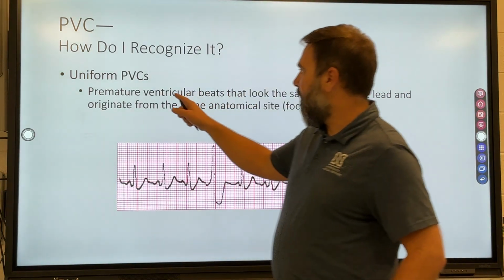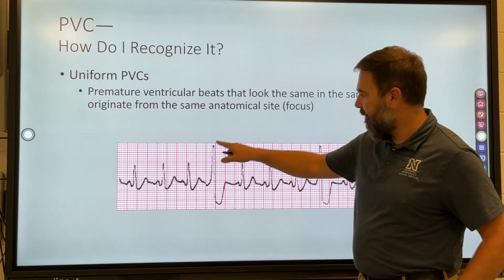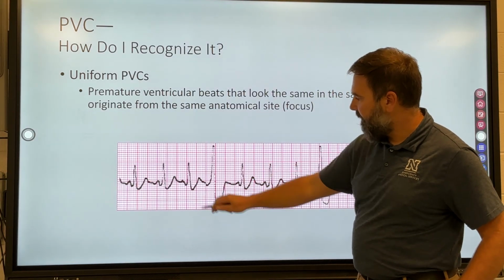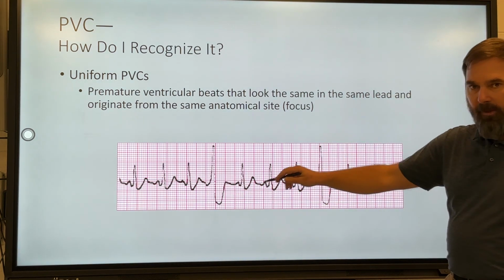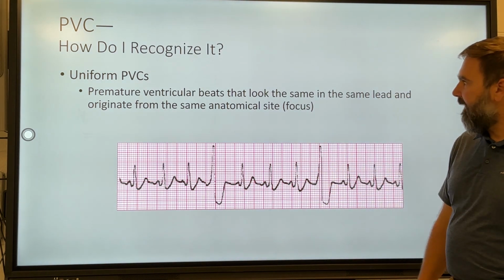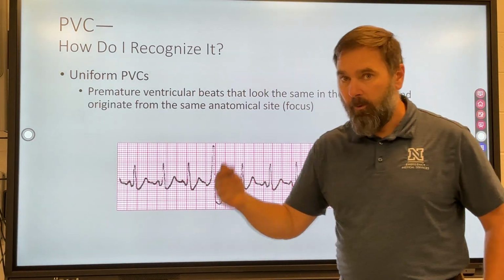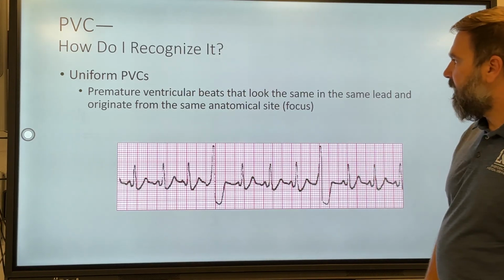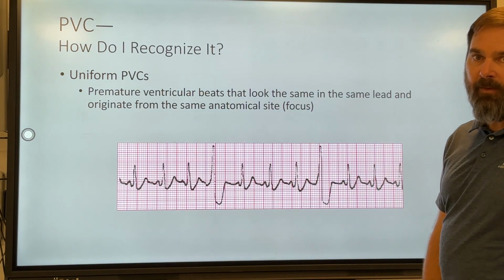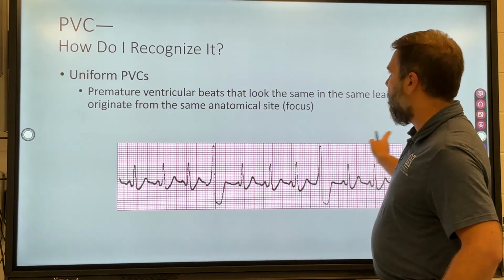I mentioned uniform PVCs, and this is an example of uniform PVCs. If you see this PVC here and that one, notice how they both look the same. They are uniform, they look alike, and they usually originate from the same anatomical location or ectopic site in the ventricles.